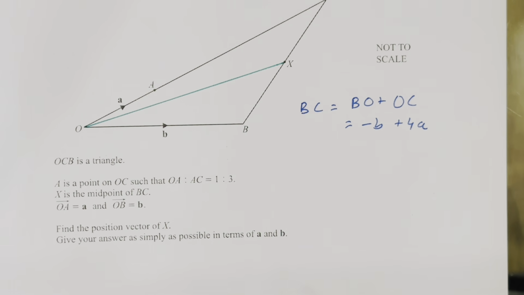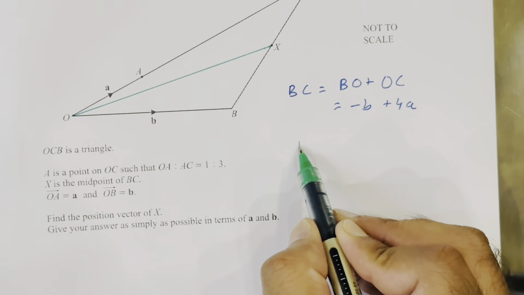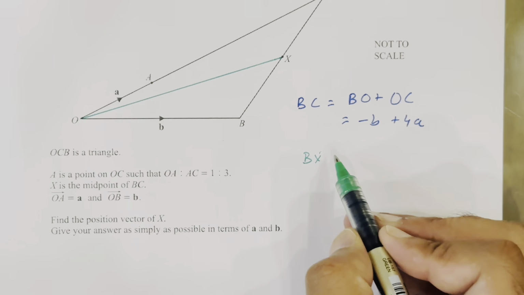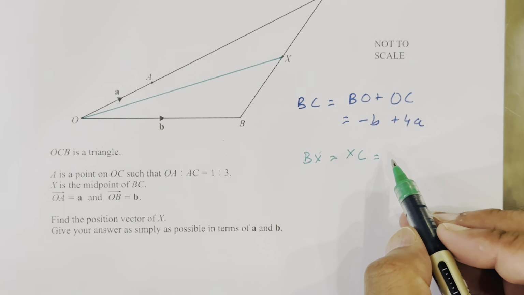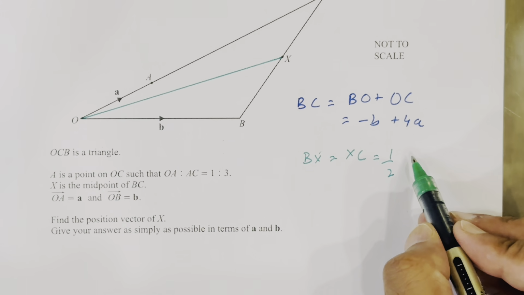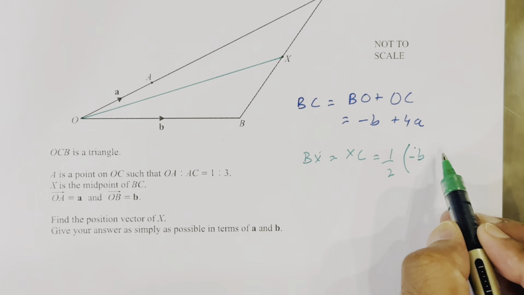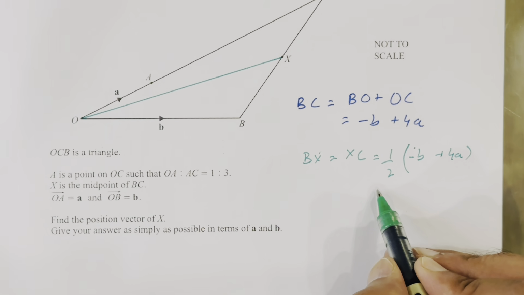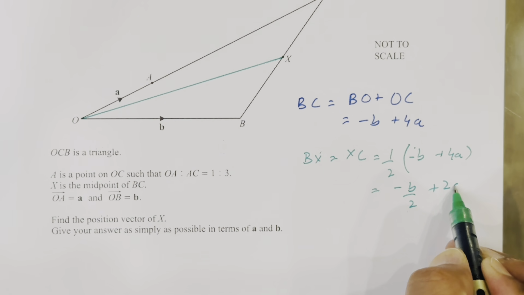Okay, so it would be like that. BX is equal to XC because they are equal, and 1 by 2 of minus B plus 4A. So we get the value minus B by 2 plus 2A.